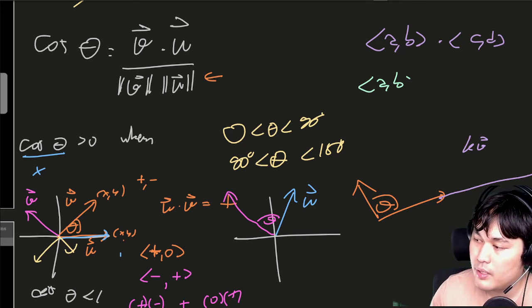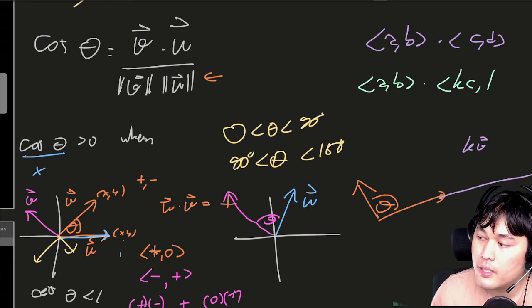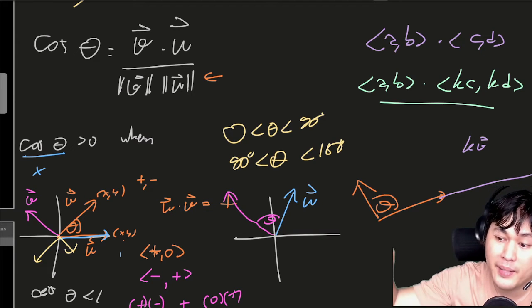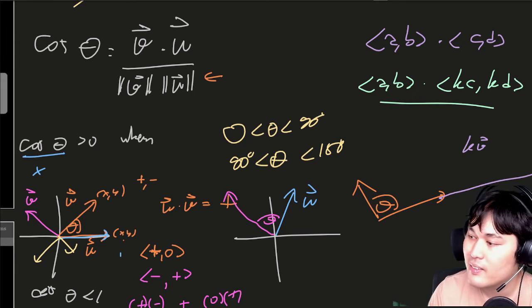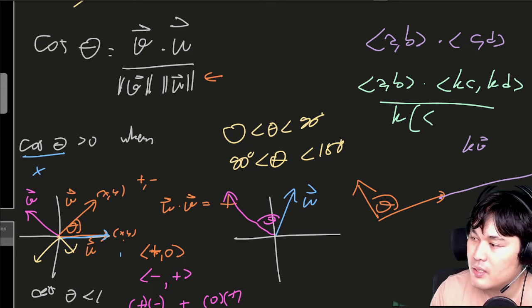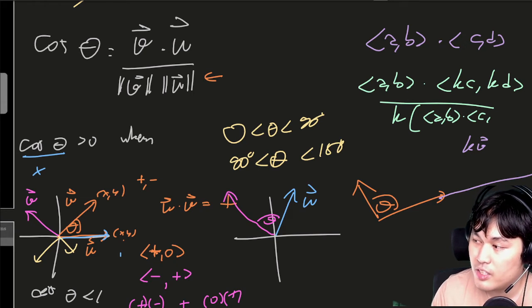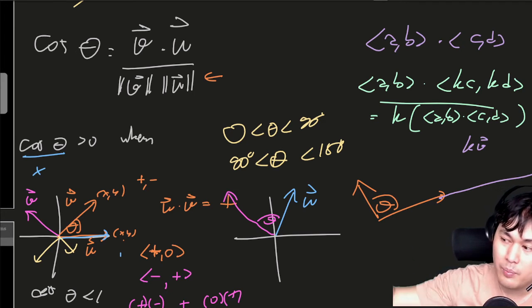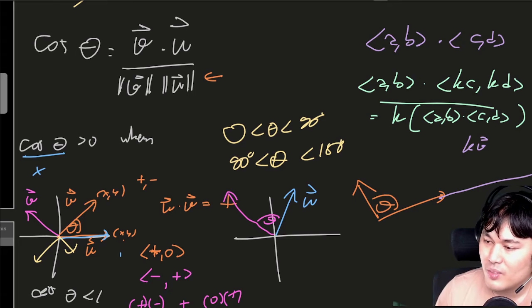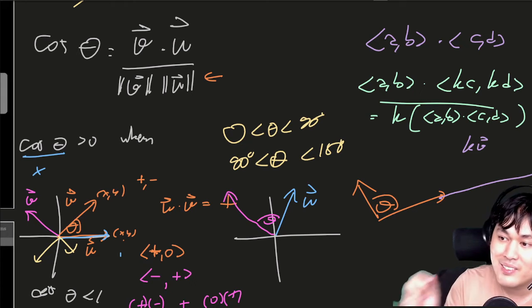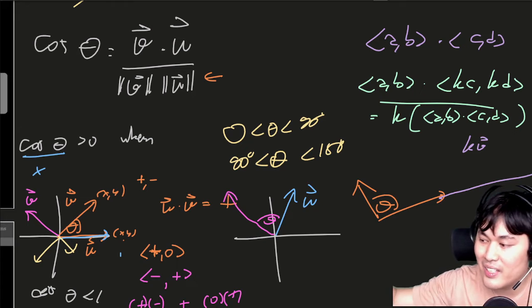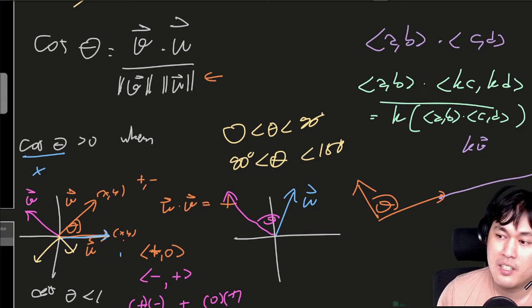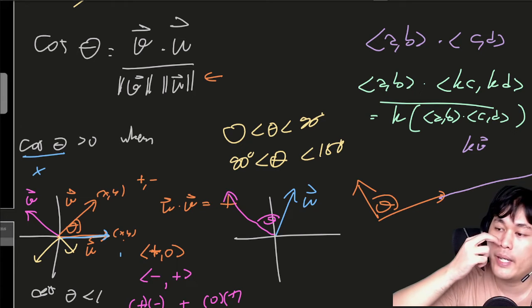Let's say the other one is (a, b) dot (k times c, k times d). You can expand it and see that it is actually k times the original dot product. So the dot product would be higher and higher, which again doesn't make sense in terms of angle, because if you increase just the length, the angle shouldn't change at all. And so that's one intuition of why we make sure we divide by the length.